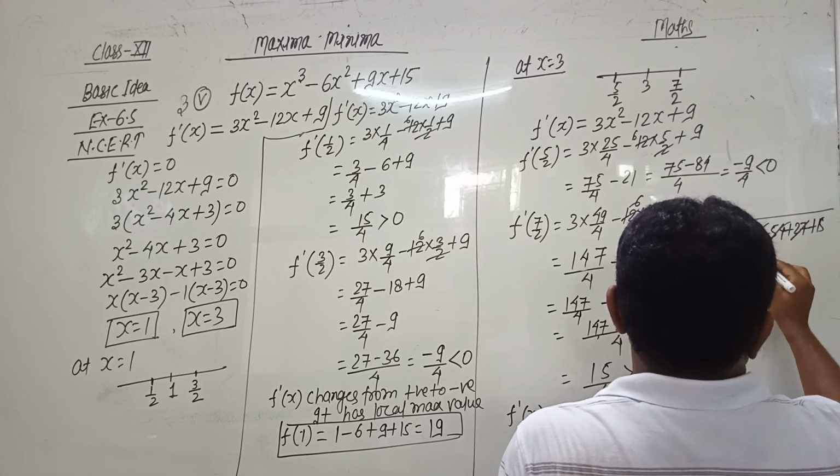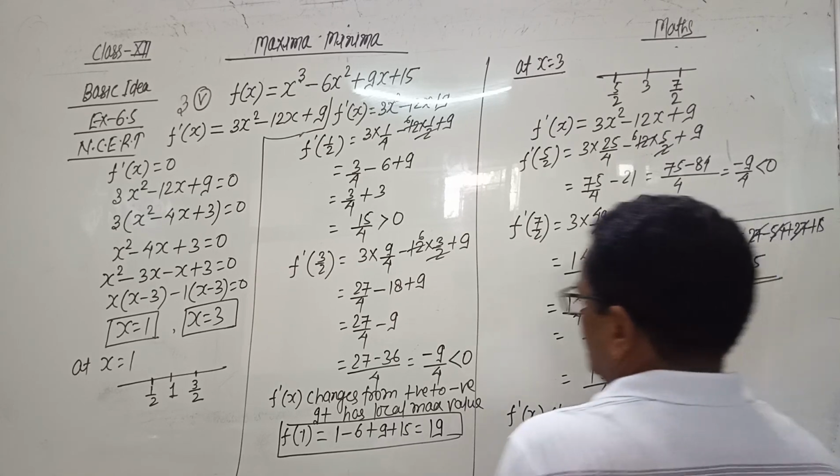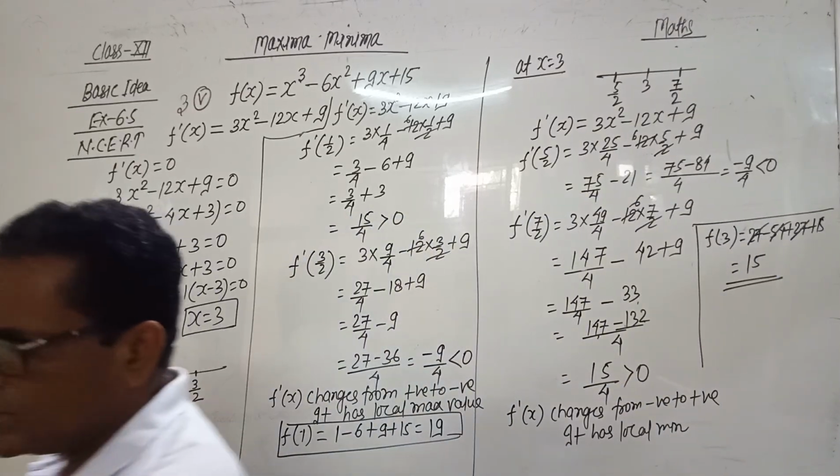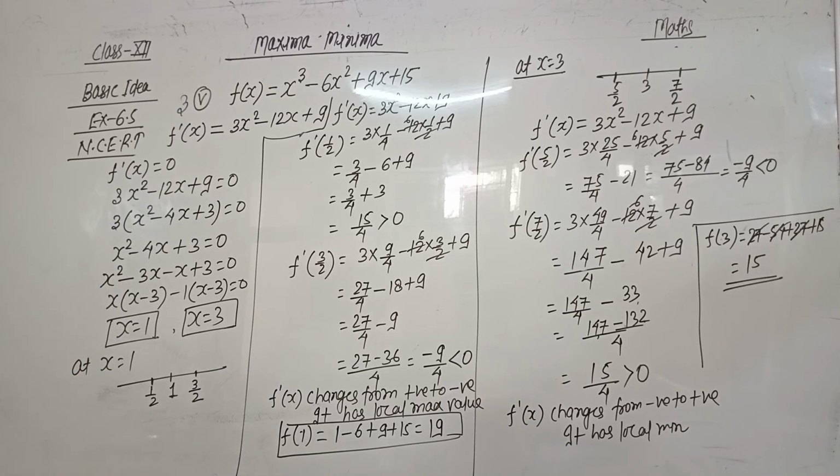The minimum value comes to be 50. So the maximum value is 54 and the minimum value is 50.